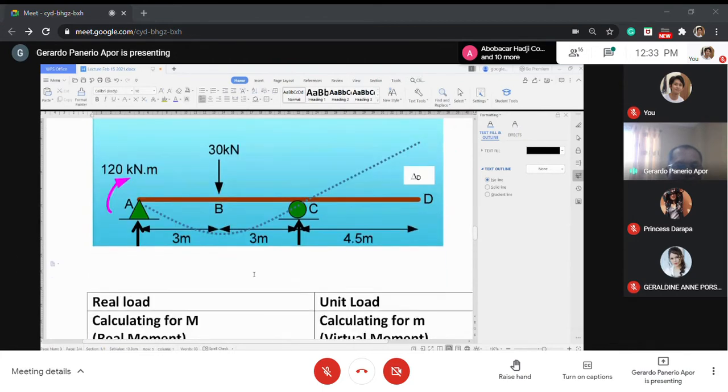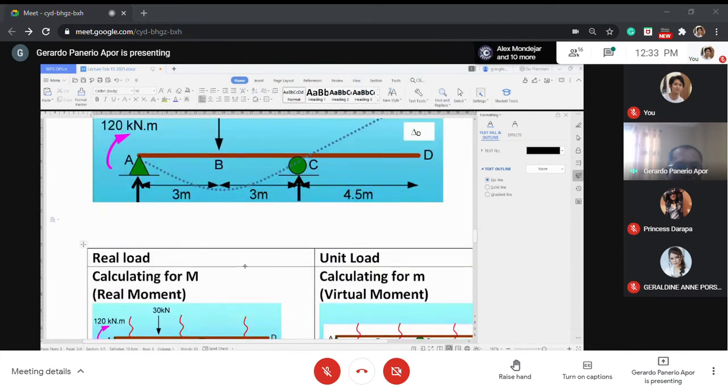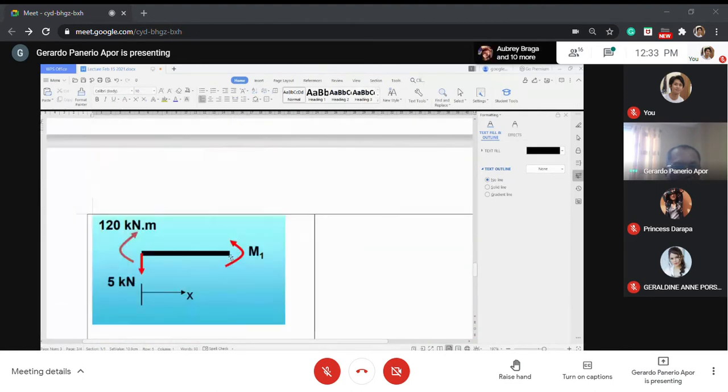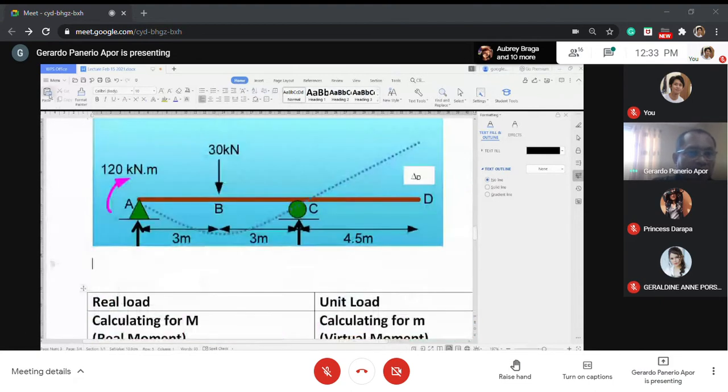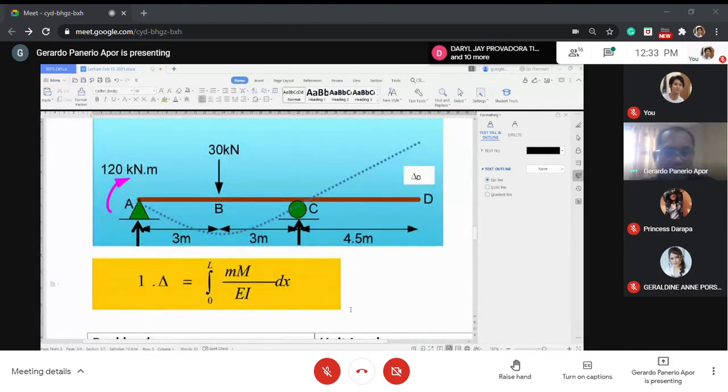We have to calculate the reaction, no? To calculate the reaction, you still use this formula. Okay.